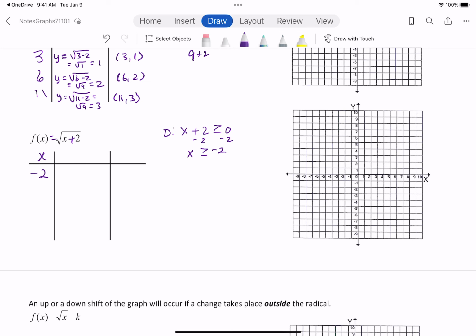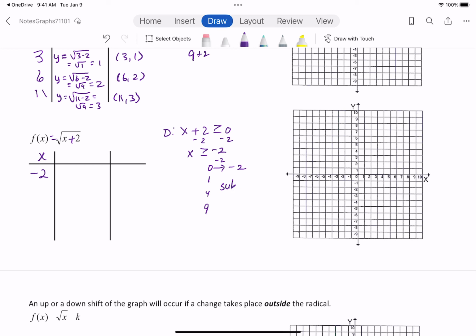So this time, if I look at my original set of perfect squares, the first one was 0, and now it's negative 2. So this time we didn't add 2, we subtracted 2.